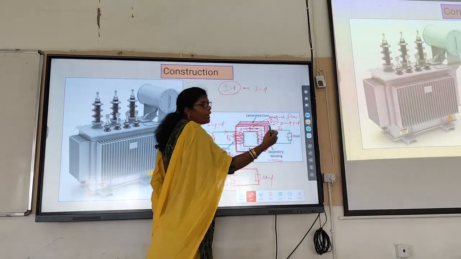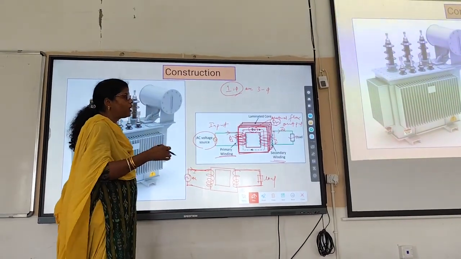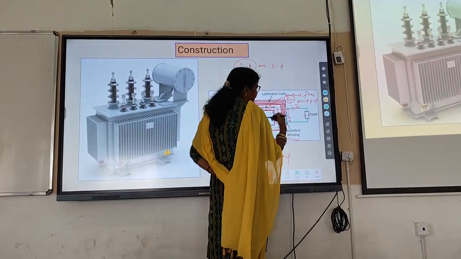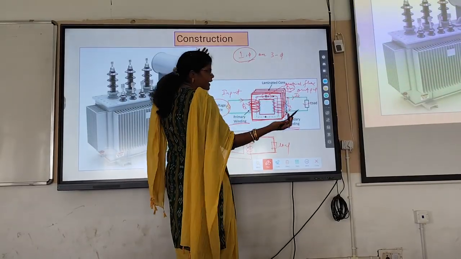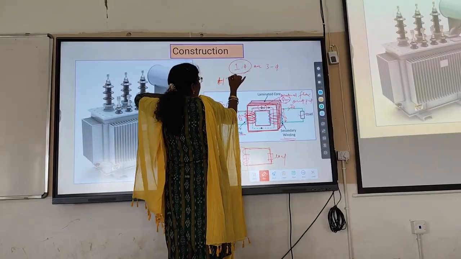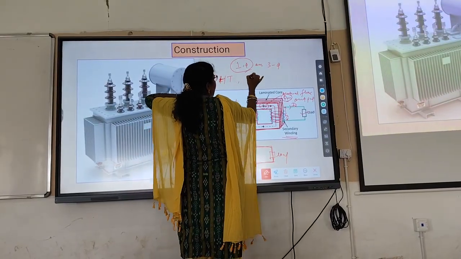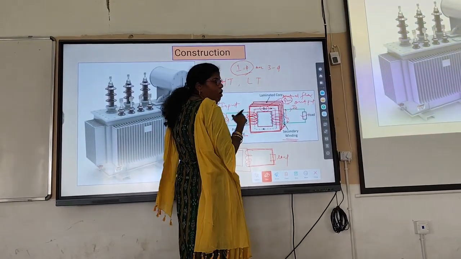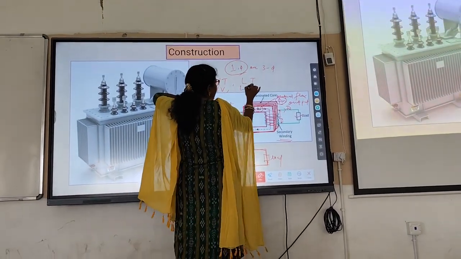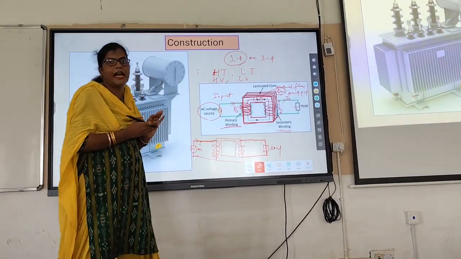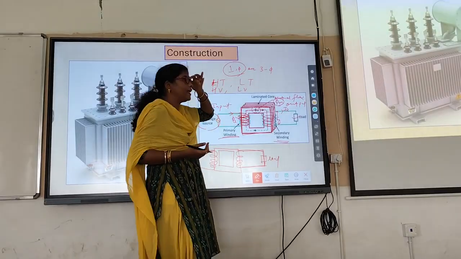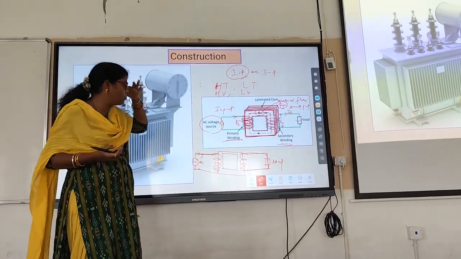Secondary means it will get the output, or collect current from the input side. In electrical technical terms, one is your HT side and another one is your LV side, or you can call it one is your high voltage side and another one is your low voltage side. So this is your primary winding and secondary winding. I think this is clear to all.